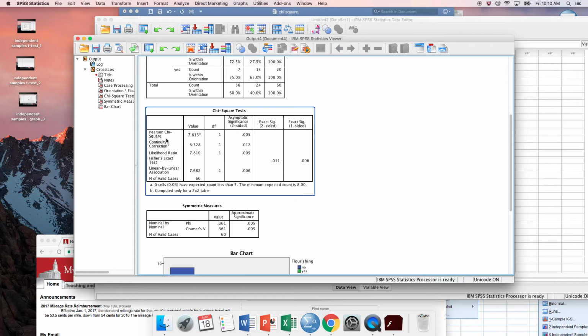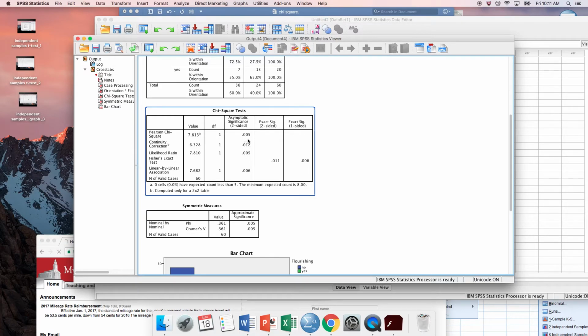Here we have to go to the Pearson chi-square to evaluate the value, the degrees of freedom, and the p-value, or probability level. So in this case, what we see is a chi-square value of 7.8 with 1 degree of freedom. And most importantly for us, we're looking here to see whether the probability of having this kind of a proportion is lower or higher than, say, 5%.